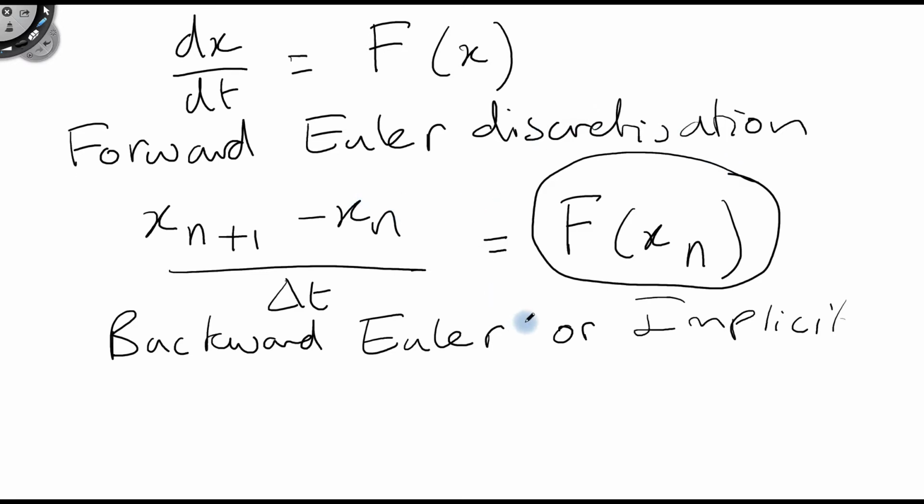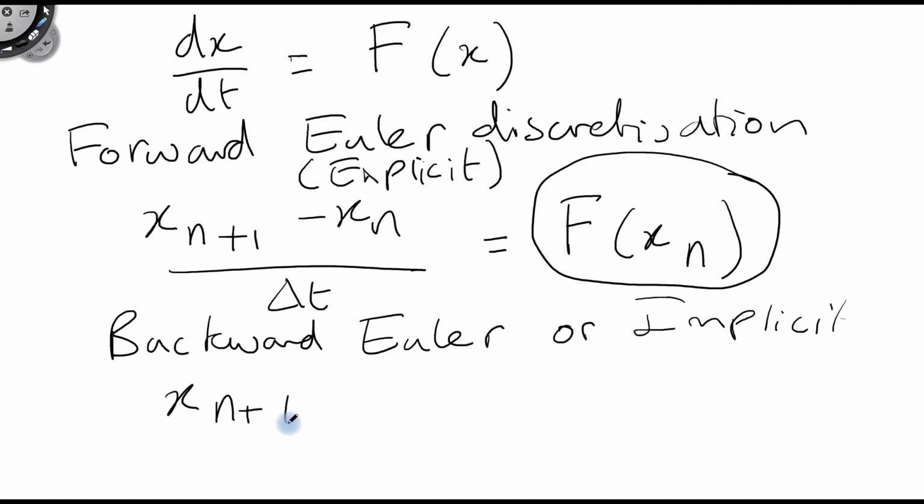So forward Euler is sometimes called explicit, and the reason is that you can rearrange your forward Euler in terms of an explicit expression for xn+1 in terms of previous time steps. Whereas with an implicit scheme, you can't do that, but it has better stability, and I'll show you why.